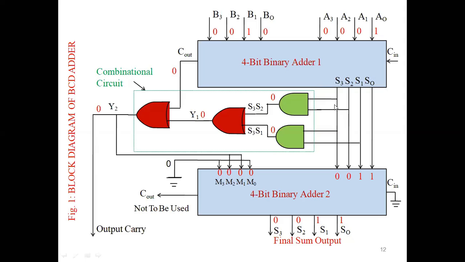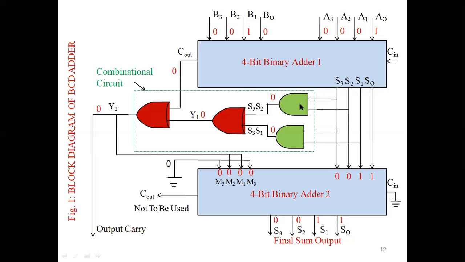So here we get the connections: S3 S2 goes to one AND gate and S3 S1 goes to another AND gate. What is the S3 value here? 0. S2 value is 0. 0 into 0, an AND gate is required here. Both inputs are 0, so the output is also 0.